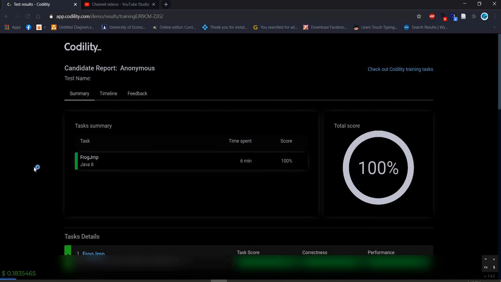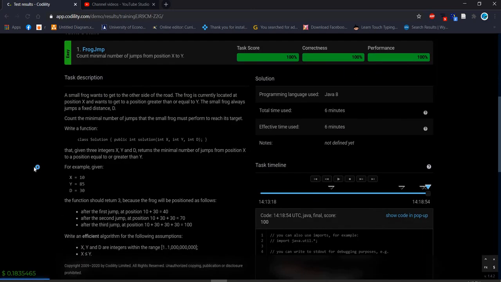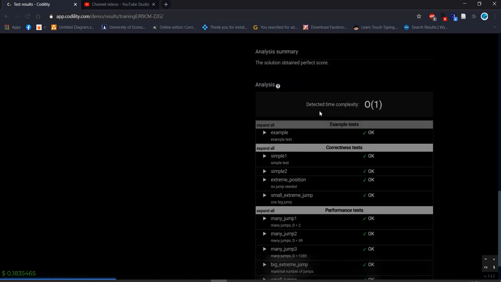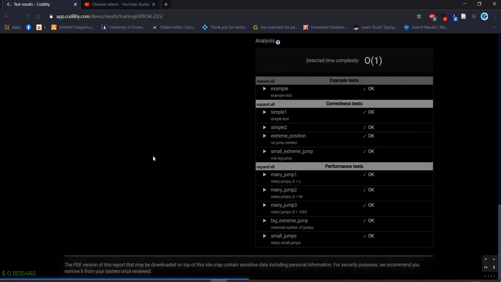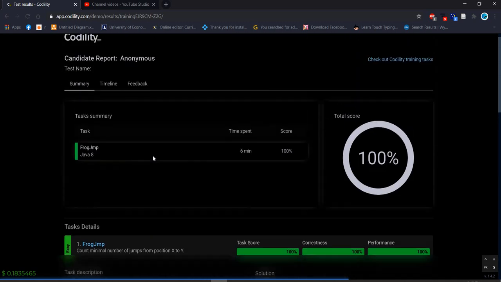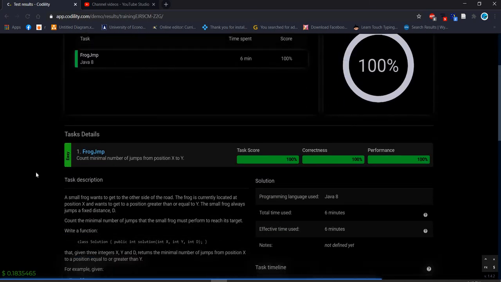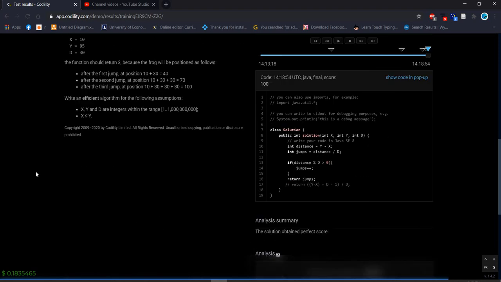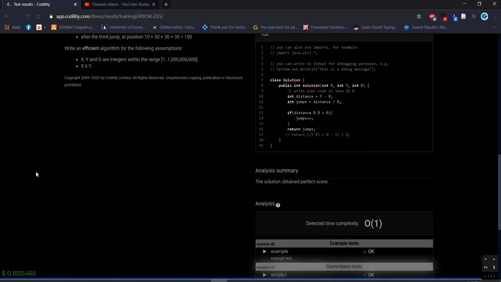Wow, super. All of the modules take 100, and you see the detected time complexity is constant time complexity, O(1), which means constant time complexity, and it fulfills all the requirements in all cases.